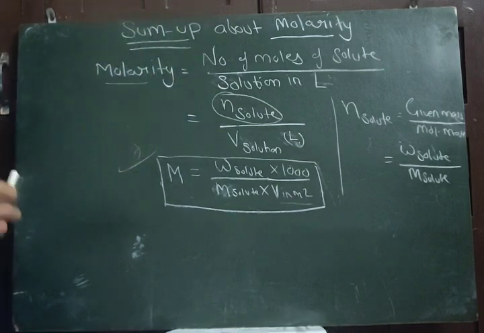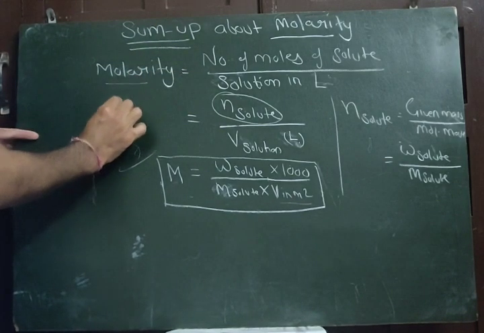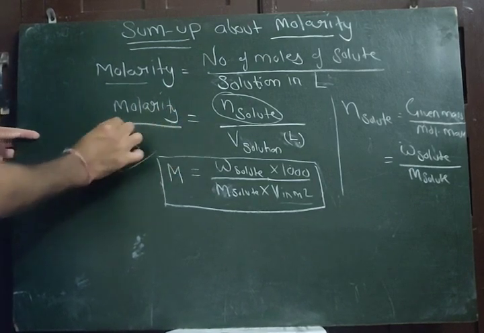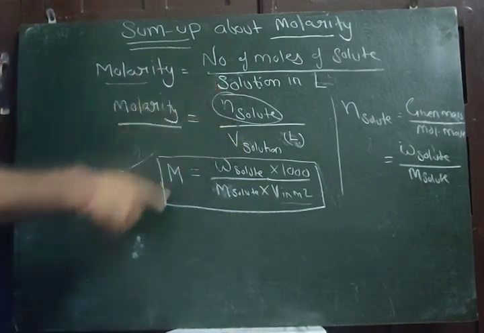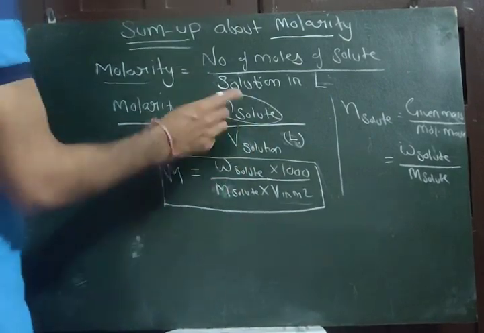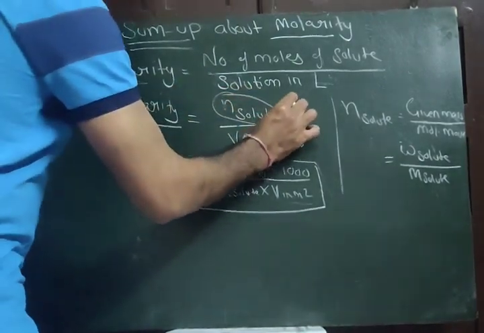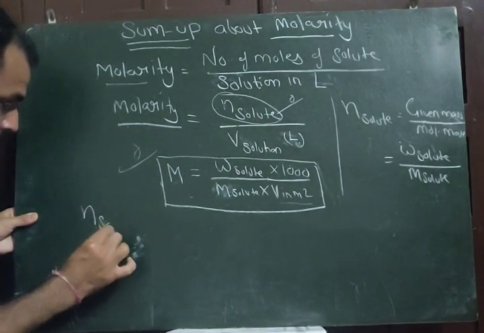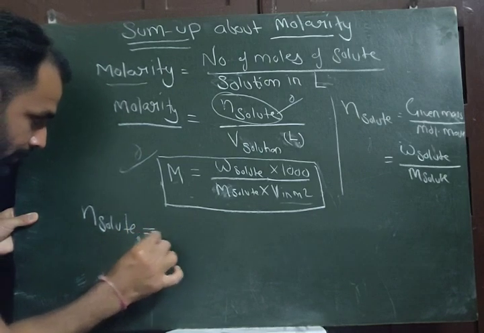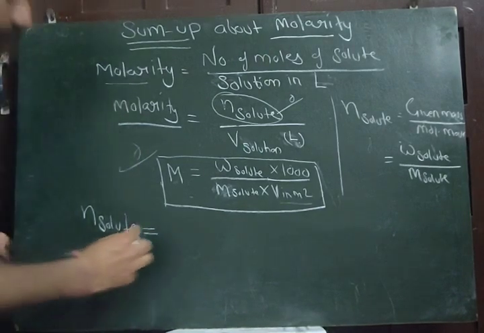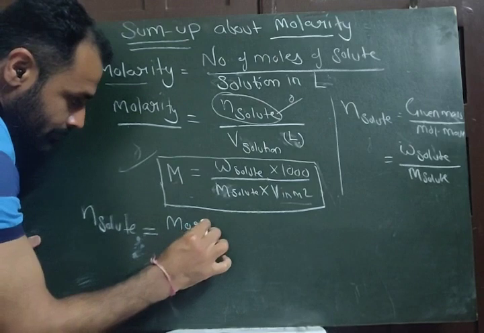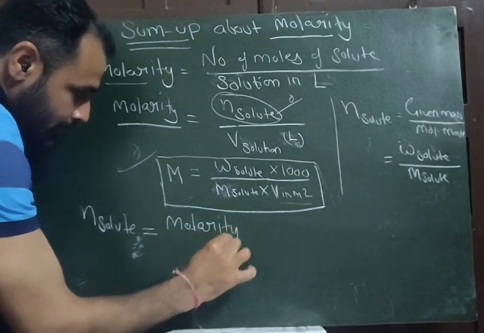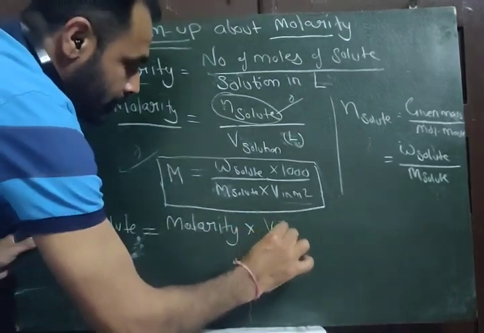So now take it carefully. This is molarity. It is equal to the number of moles of solute divided by volume in liters. Fine. If we have to calculate the number of moles of solute, then it will be equal to molarity multiplied by the volume.